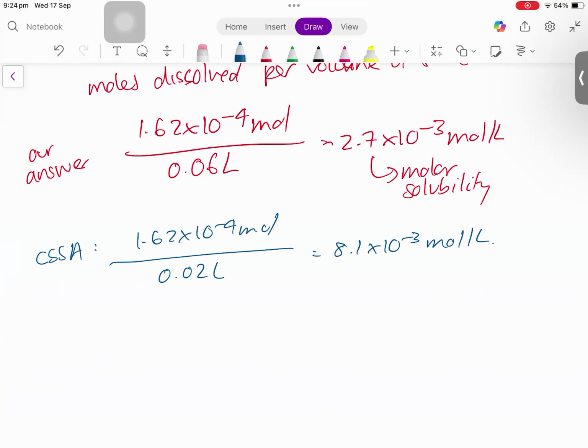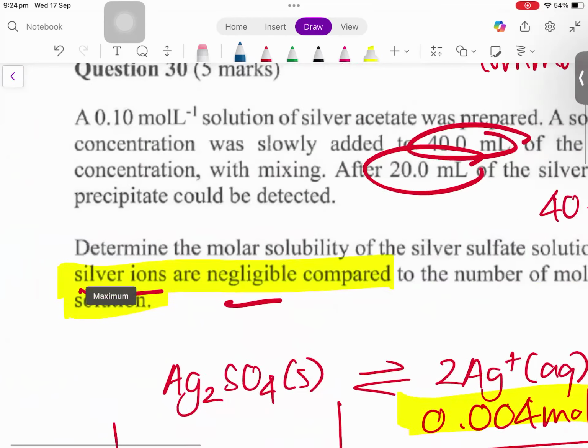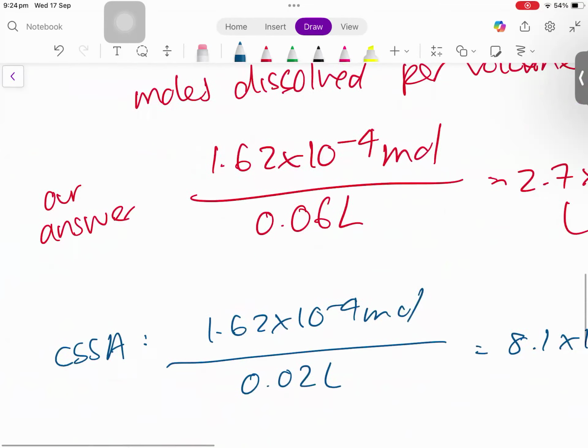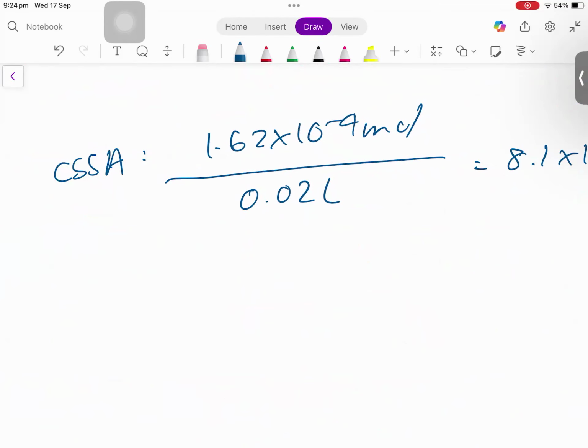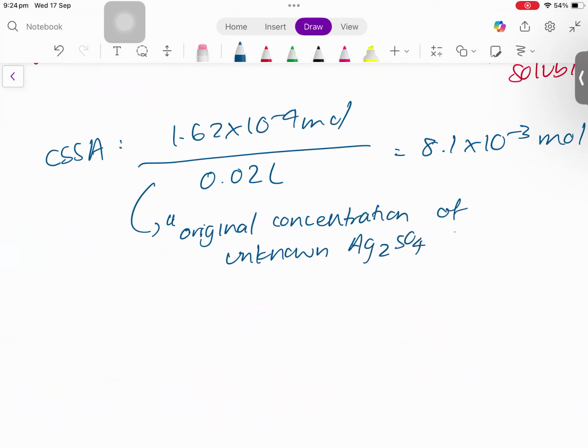When they did this, keep in mind what the question's asking you for is molar solubility. How much is dissolved? When they divided it by the 0.02, they didn't label their answer as molar solubility. What they did was label it, quote unquote, which means taken directly from the original, concentration of unknown Ag2SO4 solution.